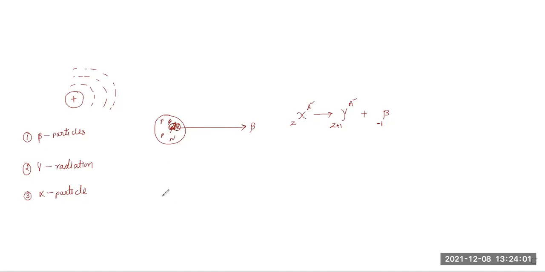Then the second method that an atom may opt for is division, which we simply call fission. Now what happens in this case? Suppose we have an atom nucleus with a number of protons and neutrons compactly fitted in this space like this, which is generating instability, giving it a non-stable state.